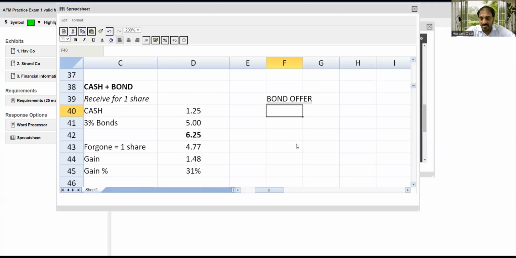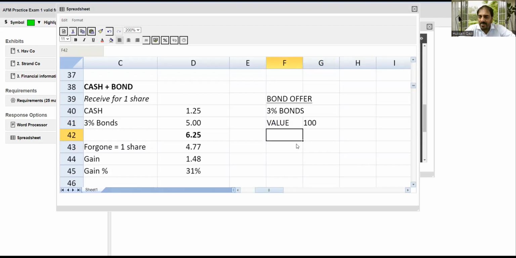The company says that we are offering you 3% bonds, value 100.